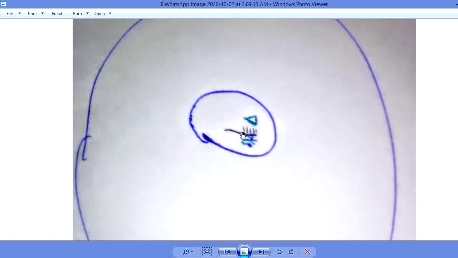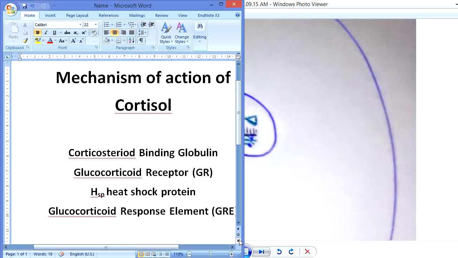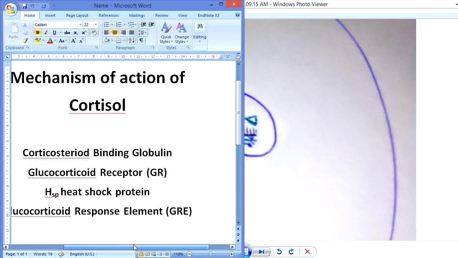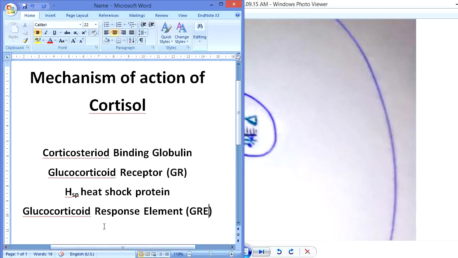So what will happen? This glucocorticoid response element will combine with the transcription factors which are pathological, those transcription factors which are responsible for the formation of inflammatory substances. For example, I am going to give you an important example of this one. There are a large number of transcription factors.